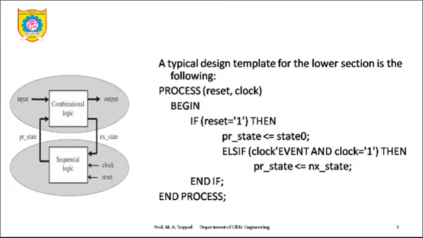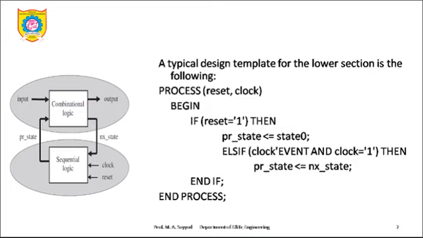The lower part is dependent upon reset and clock, and if the reset is applied, your present state must be state 0, and whenever there is a rising edge of clock, whatever the calculated next state is will be assigned to the present state.